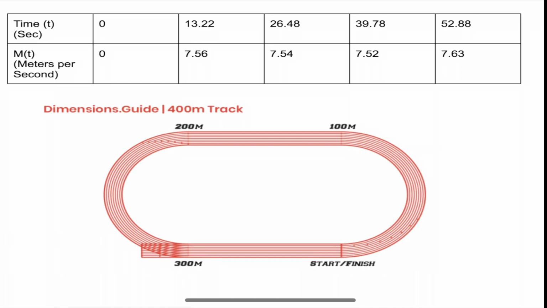And the next one, at 26.48, I found by doing 200 divided by 26.48, and that gave me 7.54, and so on. So this is my table, and on the bottom is just a little diagram of the track, just to give a reference of what the track looks like in case you've never seen it.